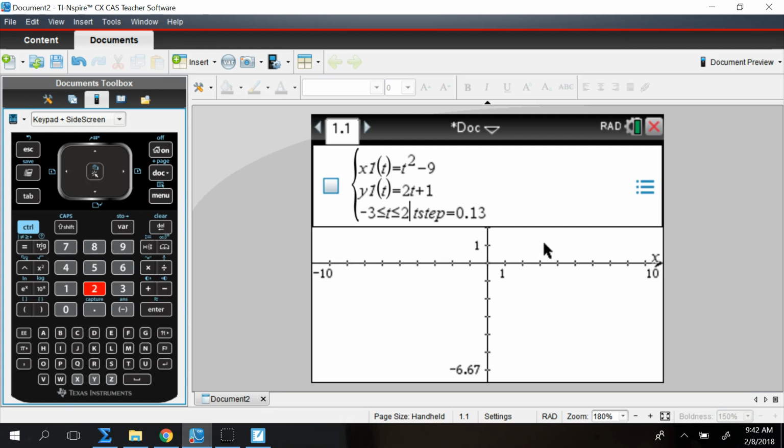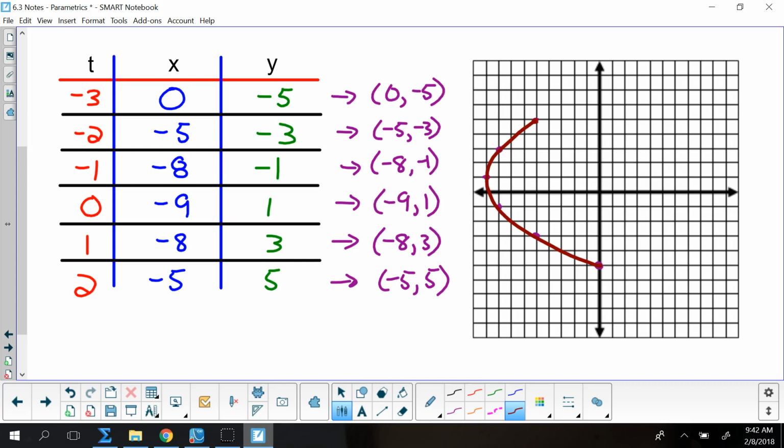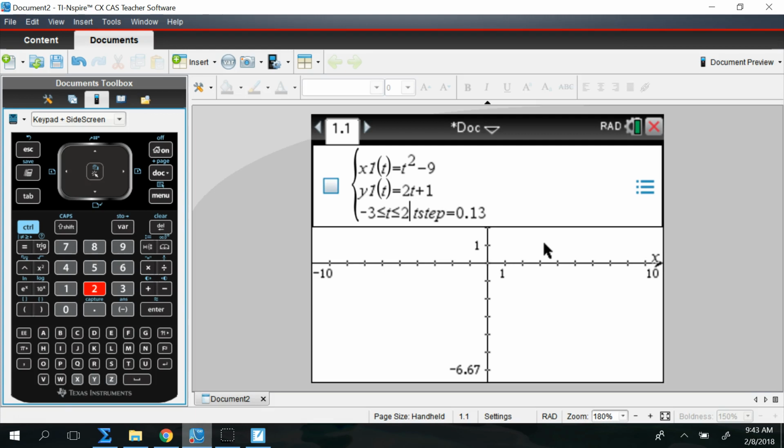When we did our graph before, our t-step value was 1. We went with whole numbers for our t. Okay? What the calculator is saying here is that it's going to calculate a value at t equals -3. Then it's going to calculate the next value at t equals -2.87.